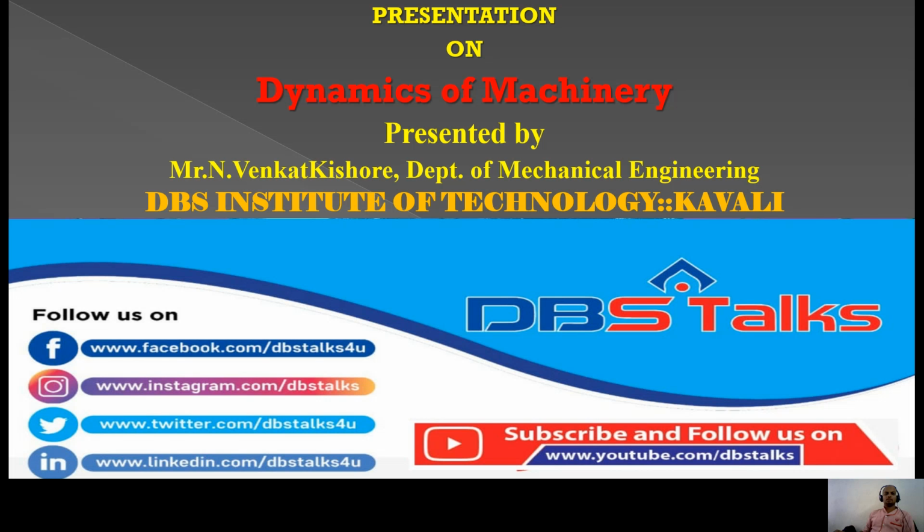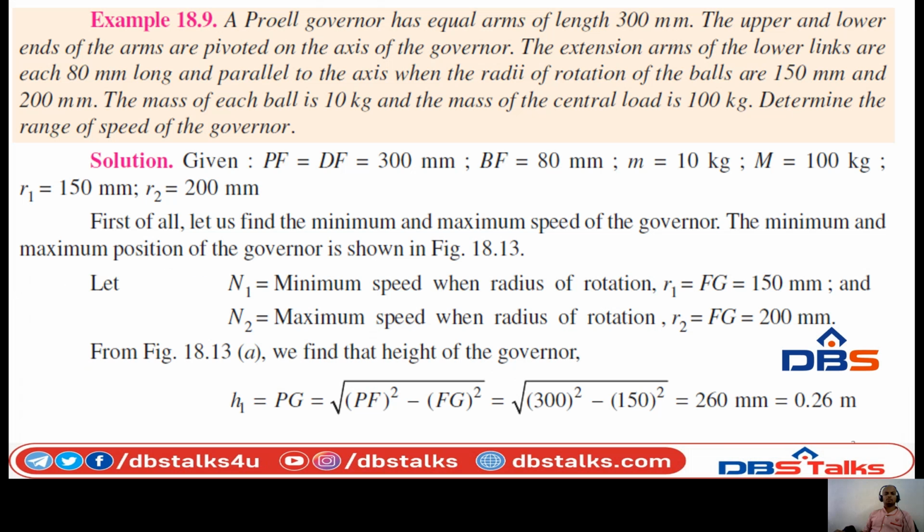In this class we discuss problems on the Proell governor. In the last class, we studied the topics covered for the Proell governor, and finally we got the relation between speed and height of the governor. So what is the formula?